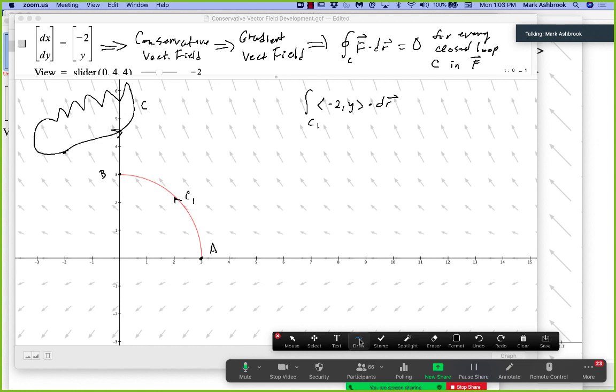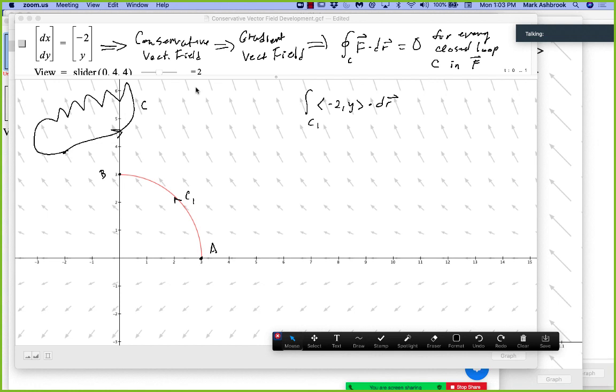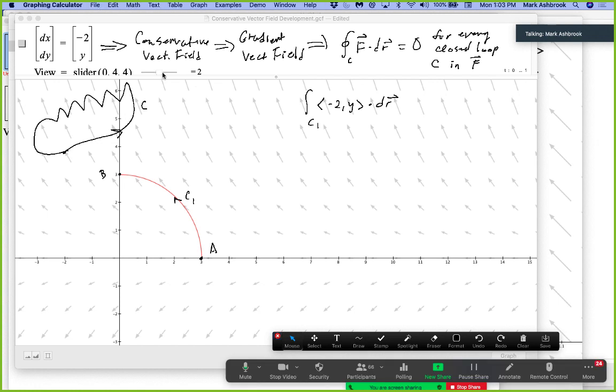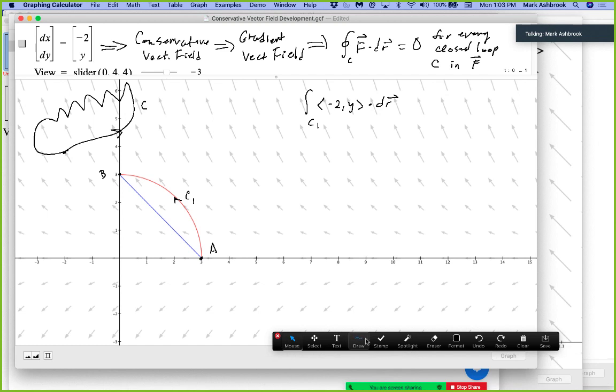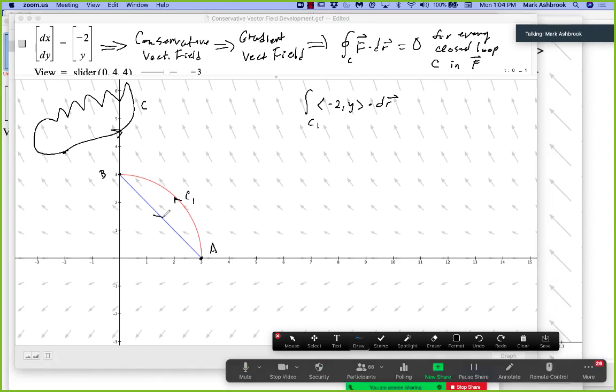All right, so now I'm going to pick a new path, and it's going to be from B back to A. I'm going to call that C2. From B back to A. And so we concluded that this line integral over C1 was positive. Is that right?